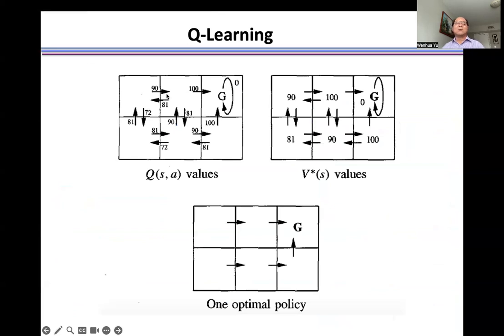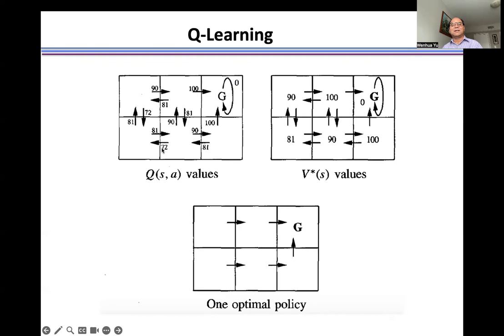Once we get the convergence result, we get this Q distribution. For example, from this state, by selecting move right, Q is 90. Move down, Q is 72. So this is the maximum. At this state, selecting moving right, we get 100. Moving down, we get 81. Move left, we get 81. At this state, if we select right, we get 90.